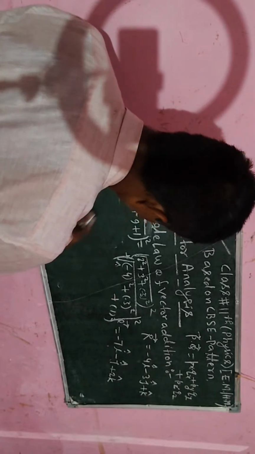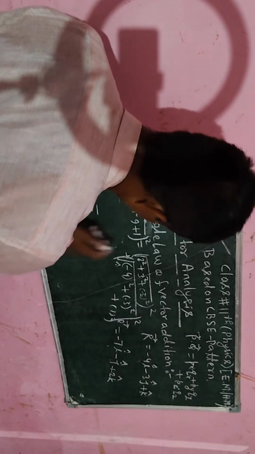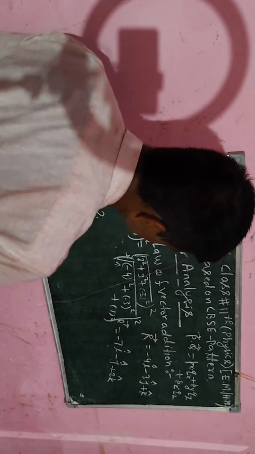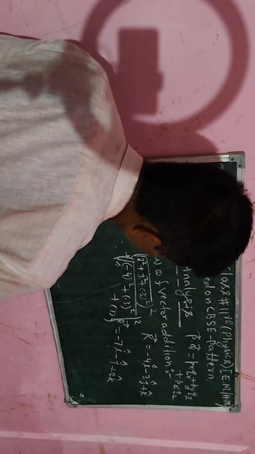After simplifying, I will write that plus 2 into vector p, that is vector p into q.